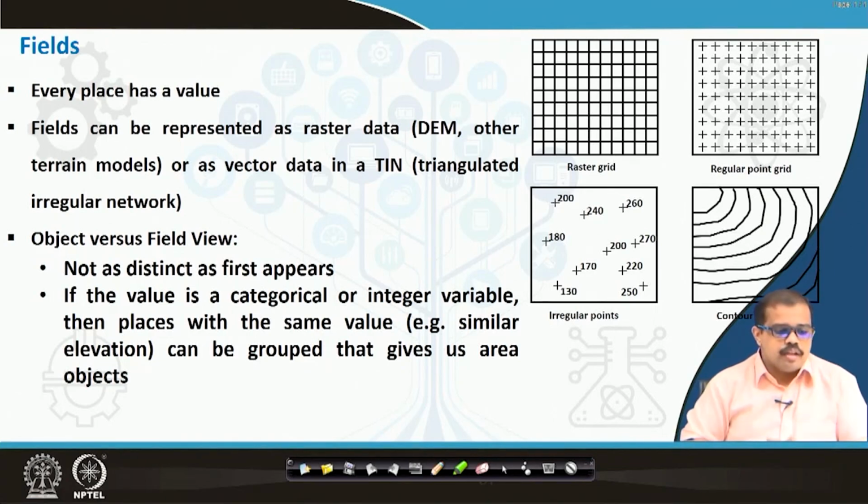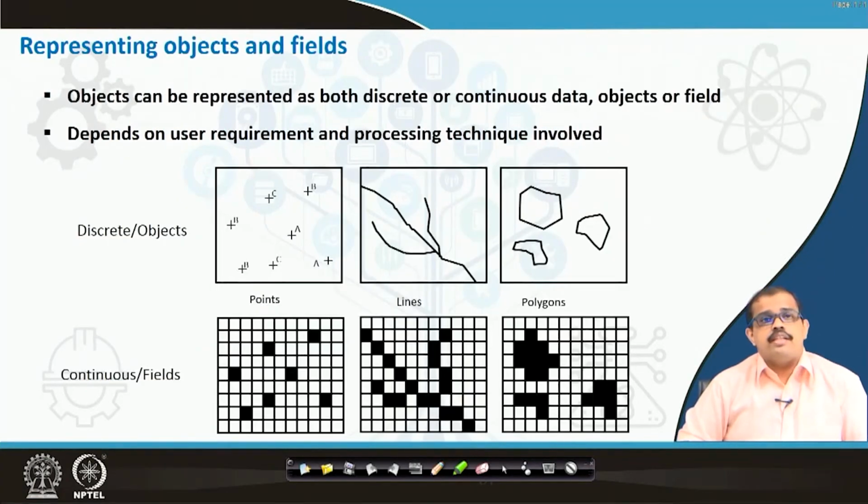And when you look at the representation of an object and a field, if it is a discrete value and is called an object, then it is points, lines and polygons, which can be represented as simply as this: a number of points, 2 points form a line, and a number of connected line segments with a closing segment form a polygon.